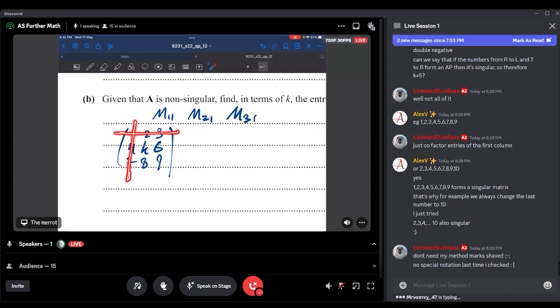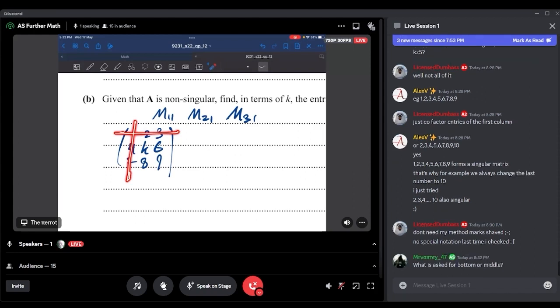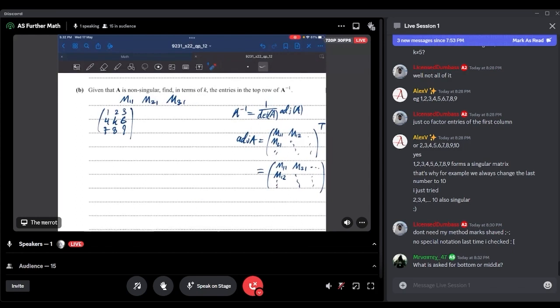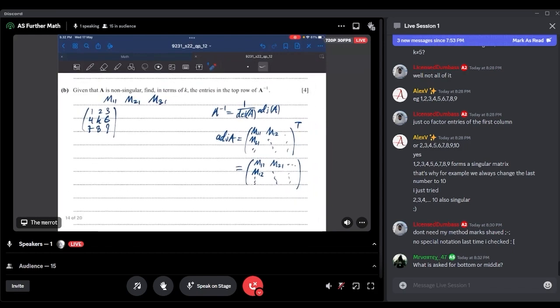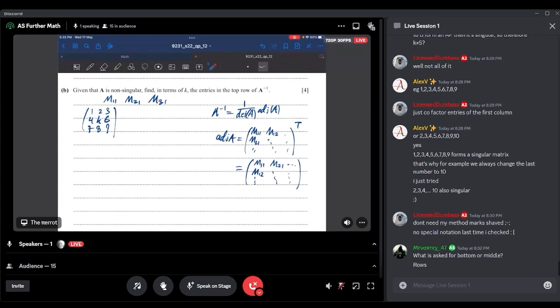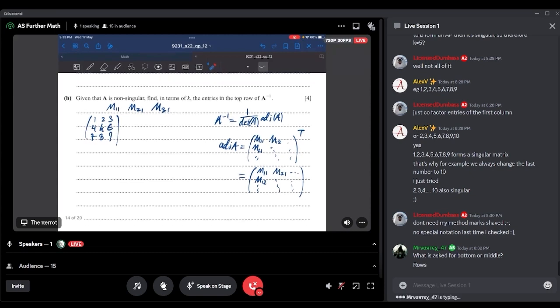What do you mean by bottom or middle? I don't understand. Rows? If it's the middle rows, then you just have to take this one here.